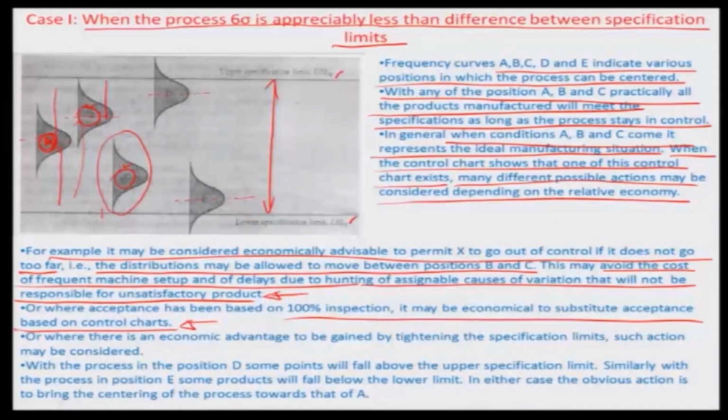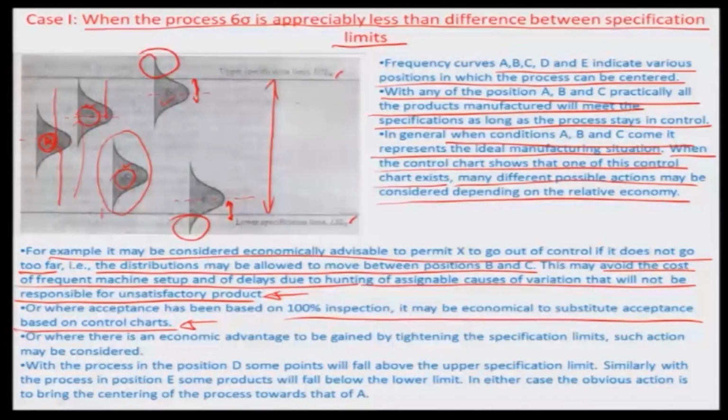Now if we consider the position D or the position E, these are really serious situations where the mean is quite close to the upper specification limit in this particular case, as you can see, and towards the lower specification limit in this particular case, and the spread also is in such a manner that there is a possibility that the process may just run out of control because of the mean and the spread.